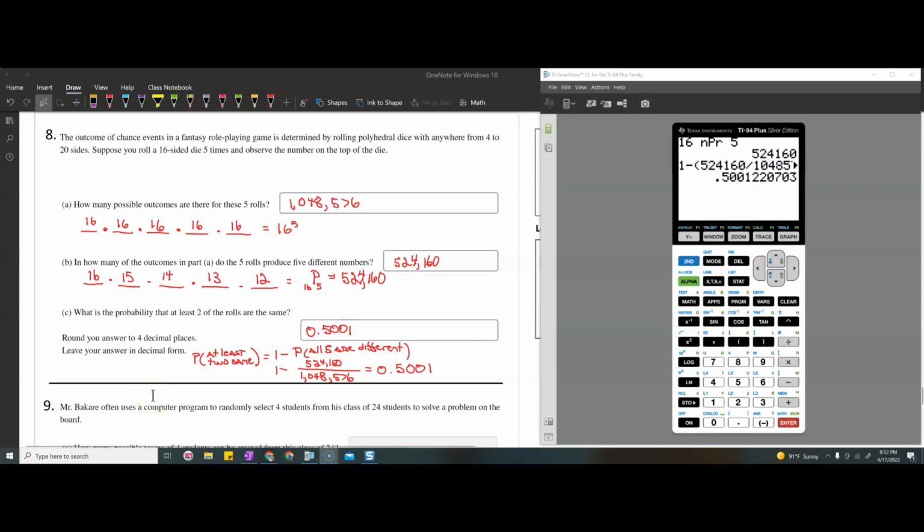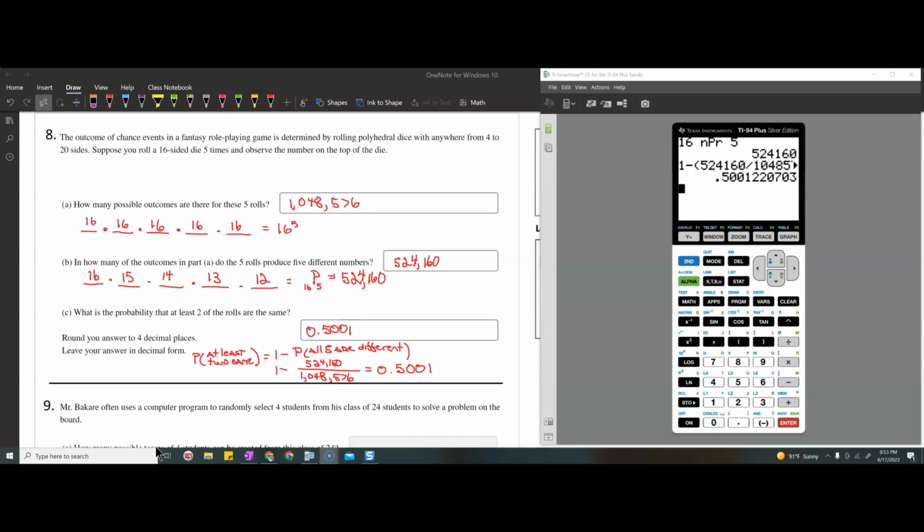Okay, what's the probability that at least 2 of the rolls are the same? So we're going to use the complement rule here. That would be 1 minus the probability that none of them are the same, or all 5 are different. To get the probability that all 5 are different, we take the number of outcomes, which was 1,048,576.